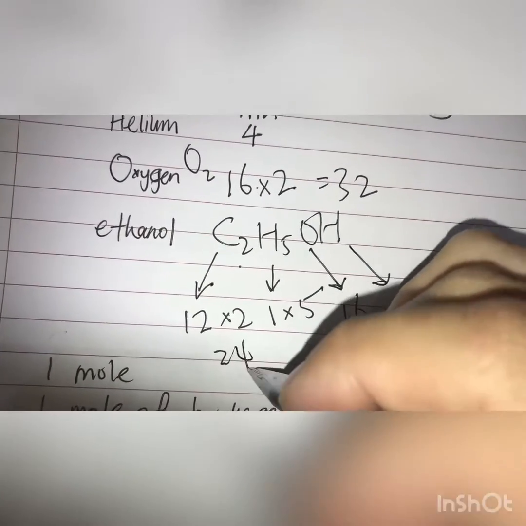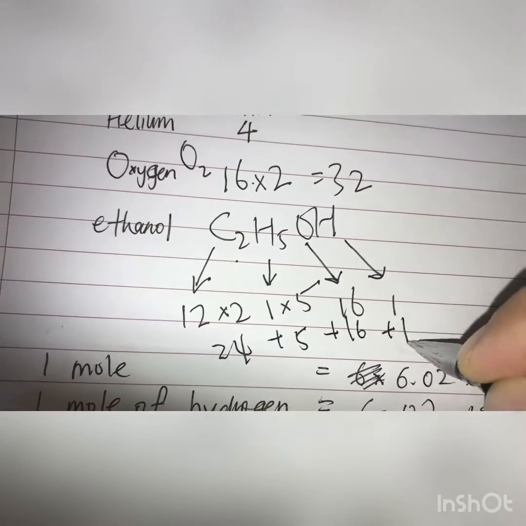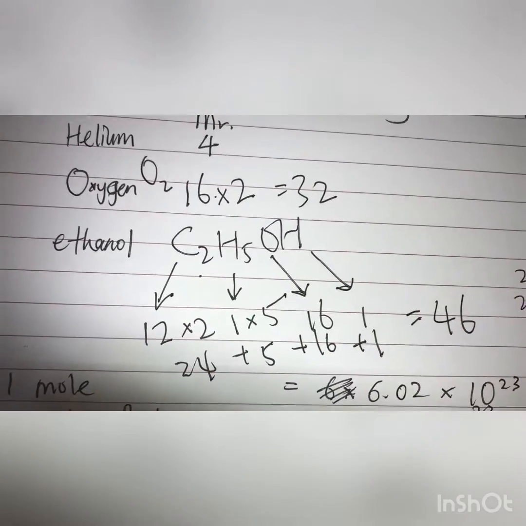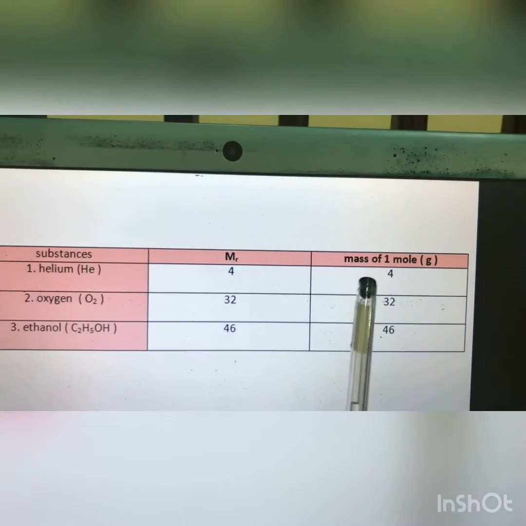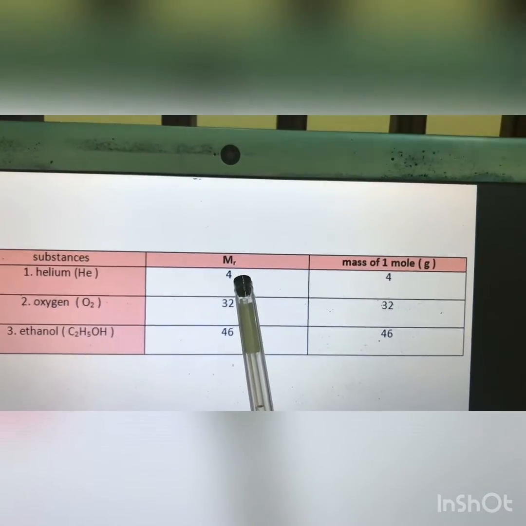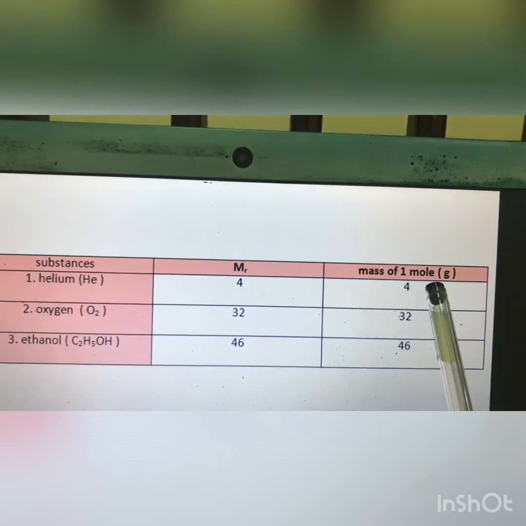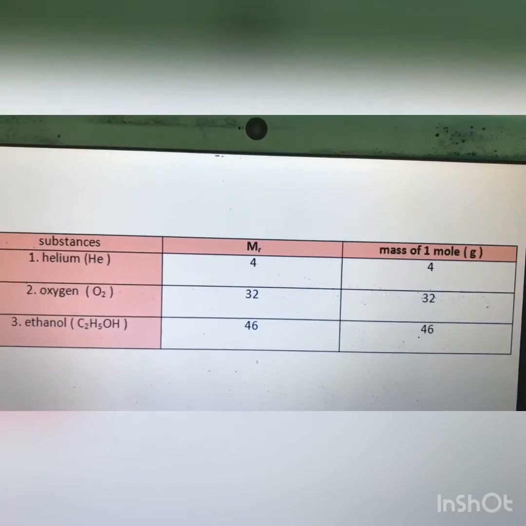So 24 plus 5 plus 16 plus 1 equals 46. So since the molecular mass is found, helium 4, so the mass is following this. Okay, so oxygen is 32. So the mass of 1 mole of oxygen molecule is 32 as well, so as this one, ethanol.